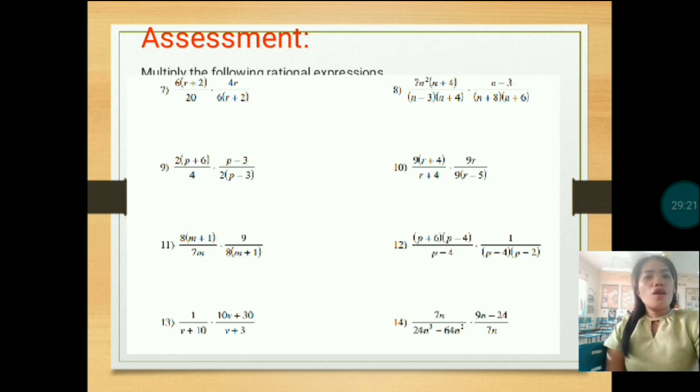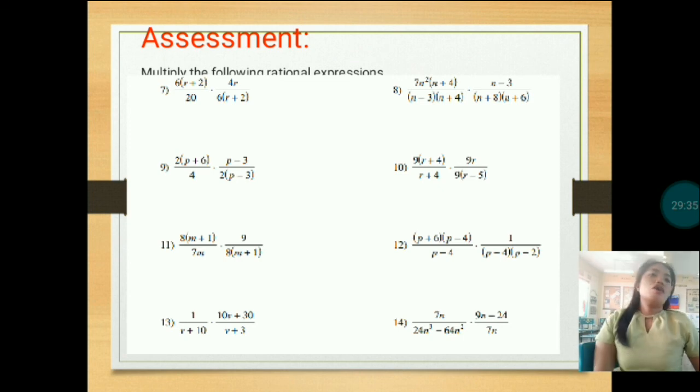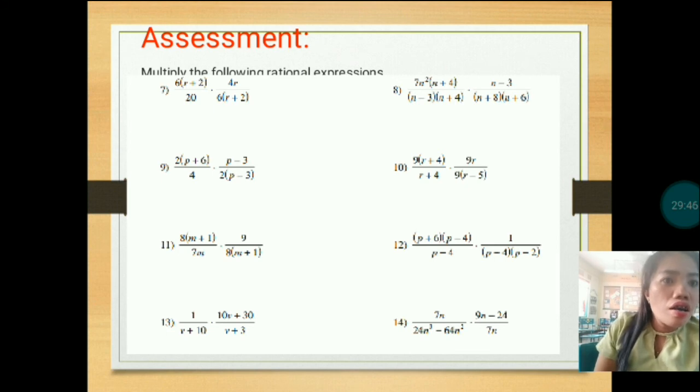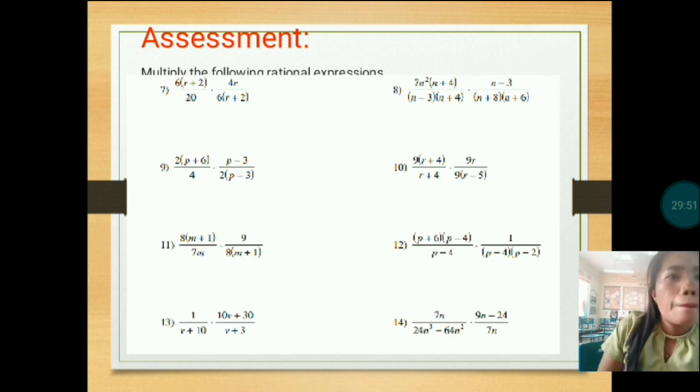Number 9, we have 2 times the quantity of p plus 6 over 4, then times p minus 3 over 2 times p minus 3. Number 10, you have 9 times the quantity of r plus 4 over r plus 4 times 9r over 9y minus 5. Okay.